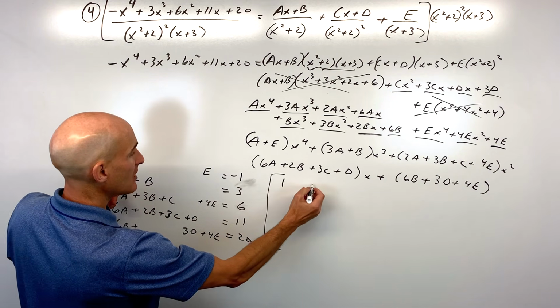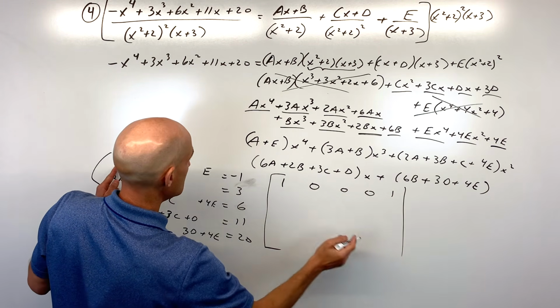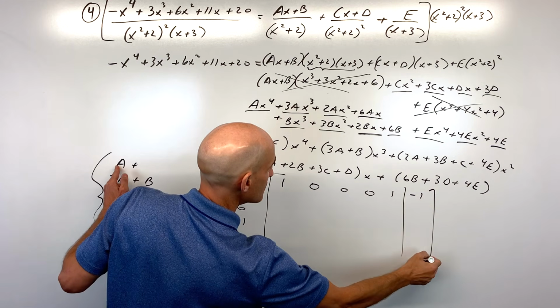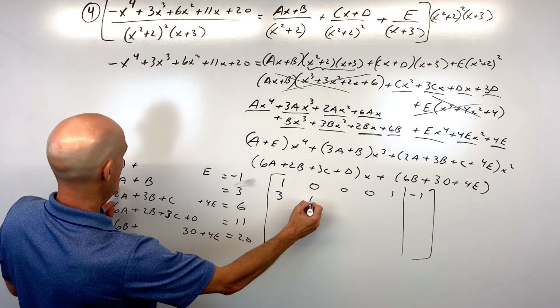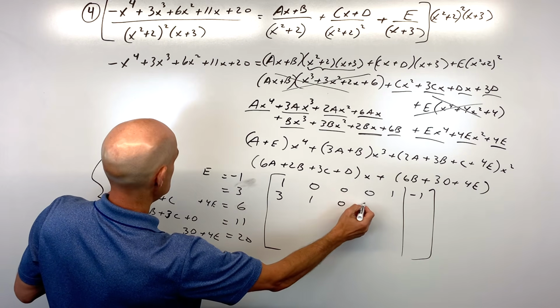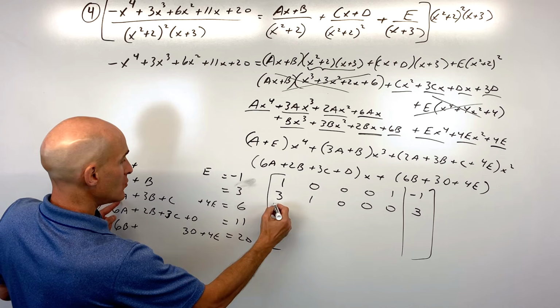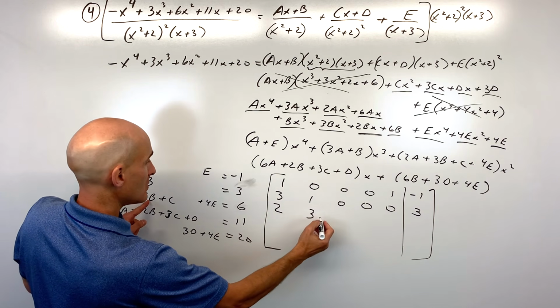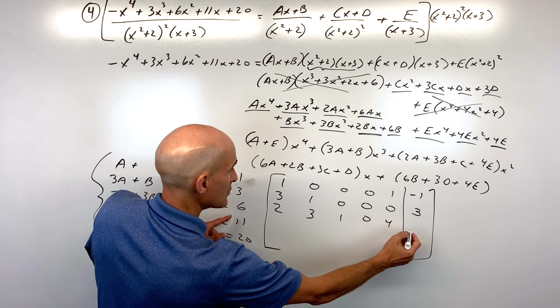We've got 1a, 0b, 0c, 0d, 1e equals negative 1. Then for this one we've got 3a, 1b, 0c, 0d, 0e equals 3. We've got 2a, 3b, 1c, 0d, 4e equals 6.